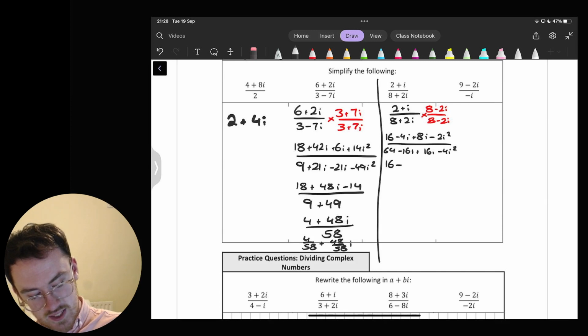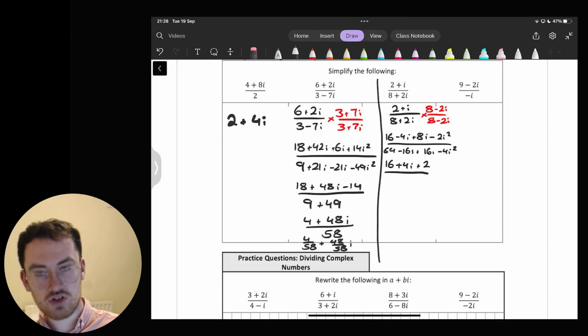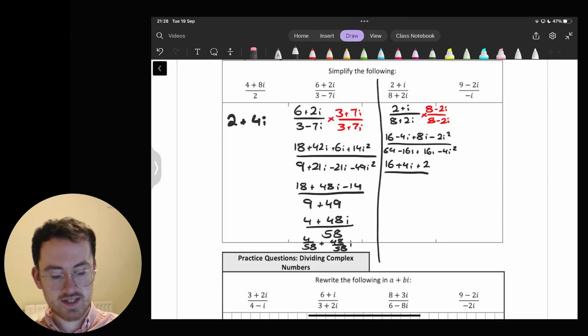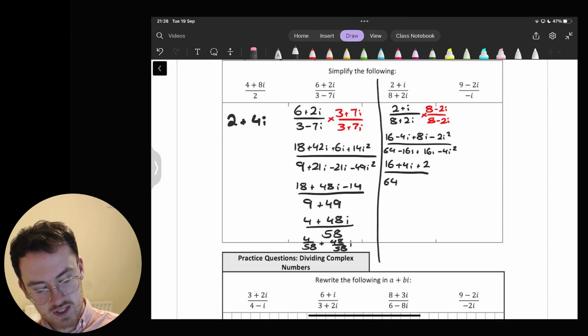So 16 plus 4i plus 2, that plus 2 coming from the minus 2i squared, because we remember that i squared is the same as minus 1, and the plus 4 coming in there, we get 18 plus 4i over 68, and again we can split that out.